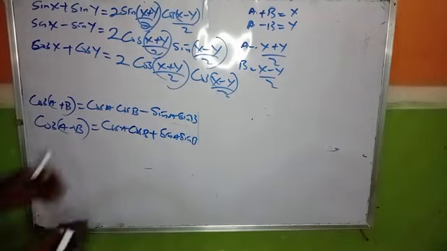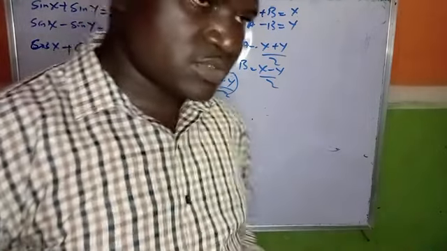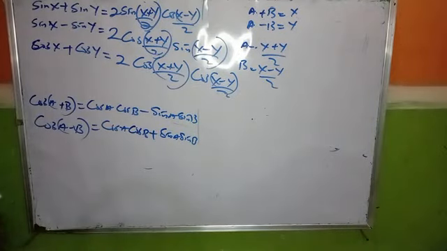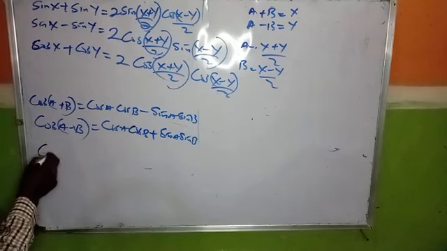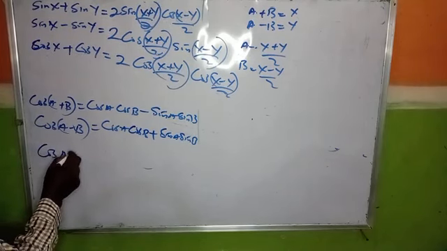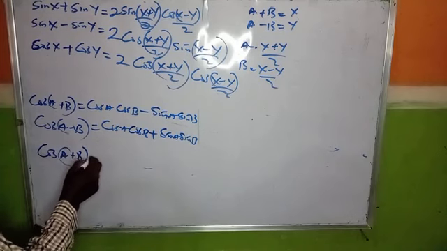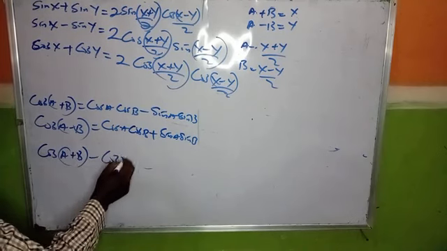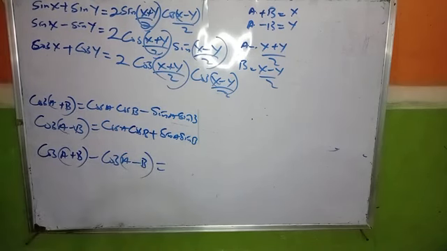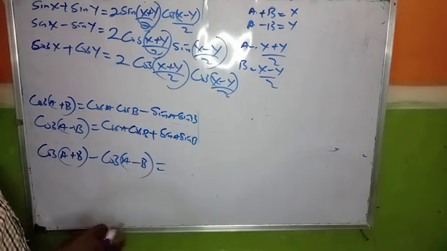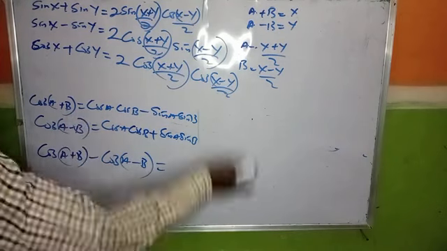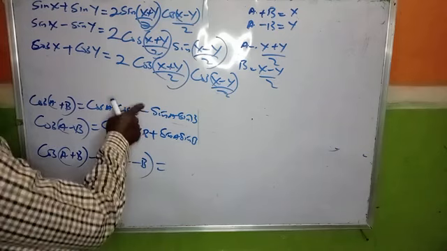Now again, what you want to do now, you want to subtract this again. So you will have cos a plus b minus cos a minus b equal to, now look, for this minus this, 0.